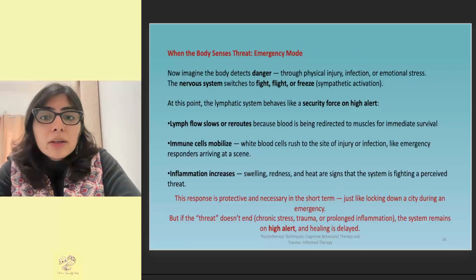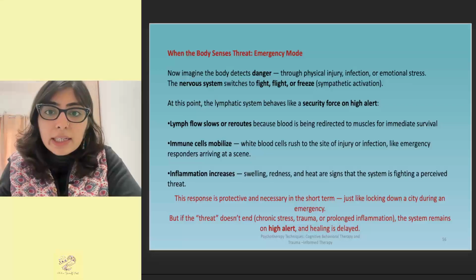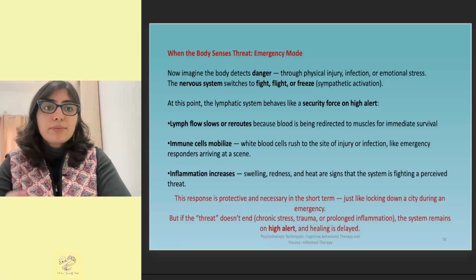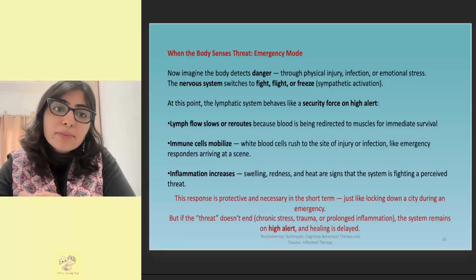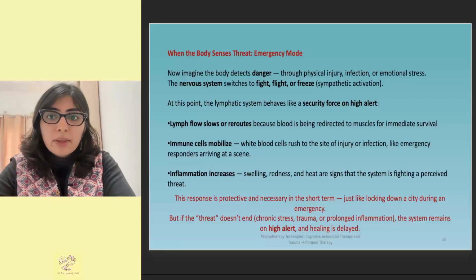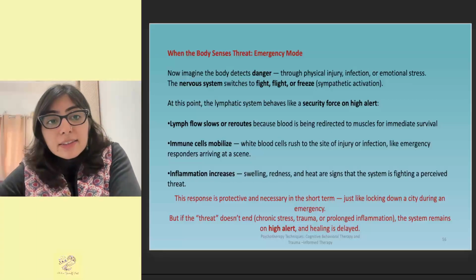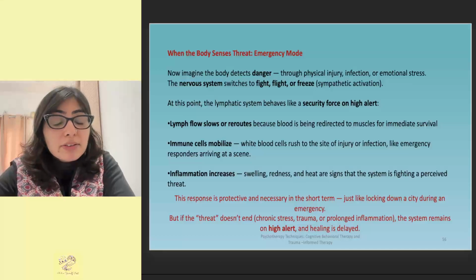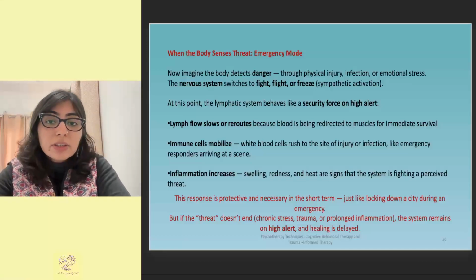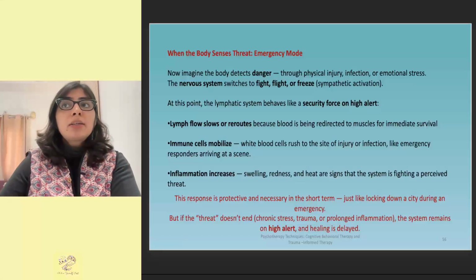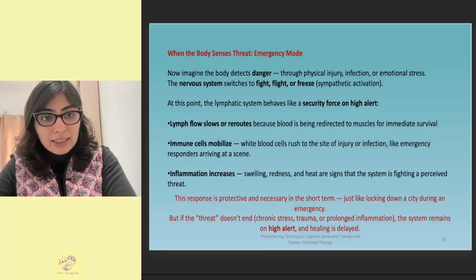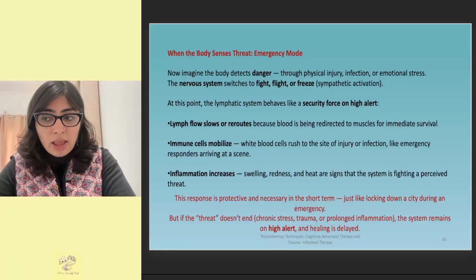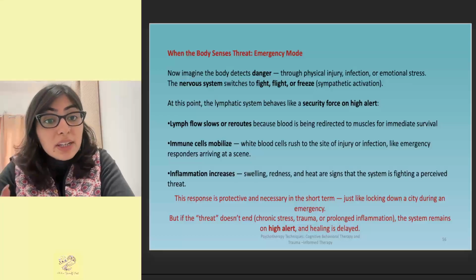Now, when the body senses threat, when we are in the sympathetic nervous system, the lymphatic system is also in survival mode. So what happens when the lymphatic system is not working properly, when we are stressed or triggered or injured? You can understand this by thinking that when we are mentally stressed, our physical body is not able to recover very nicely.